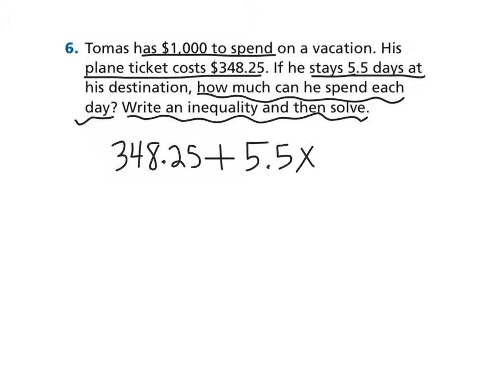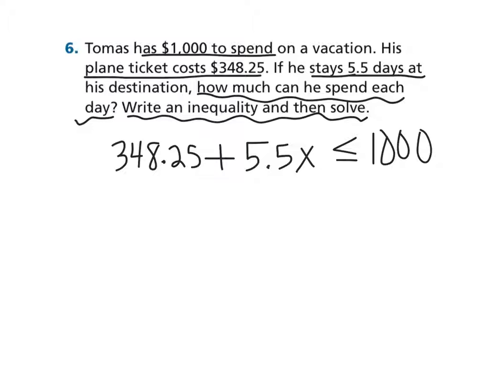If you want to do D for in a day, you could do S for spending, just maybe a cursive S so it doesn't look like a 5. This amount he's spending, then he's got to stay in his budget here. So the amount he's spending has to be less than or equal to $1,000.